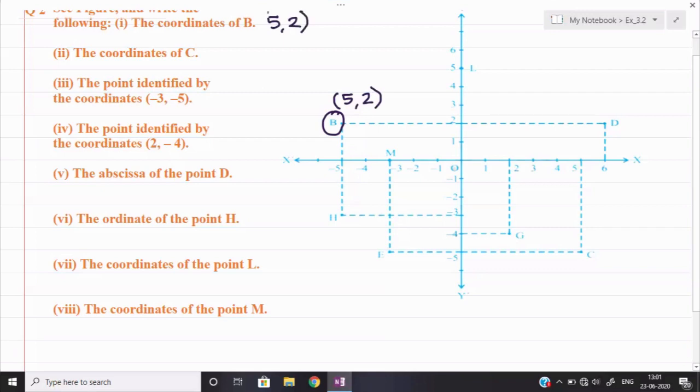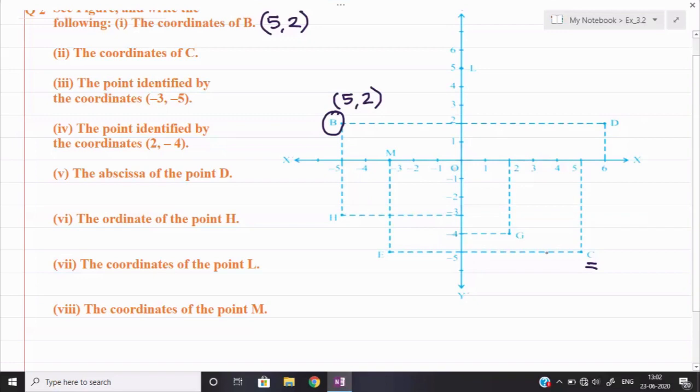Similarly, I will go to the second part, coordinate of C. Where does point C lie? Look here, C lies at this place. Now I will speak it orally. You find out the horizontal distance. See, horizontal distance means this one. How much is it? Okay, sorry, I said it wrong.